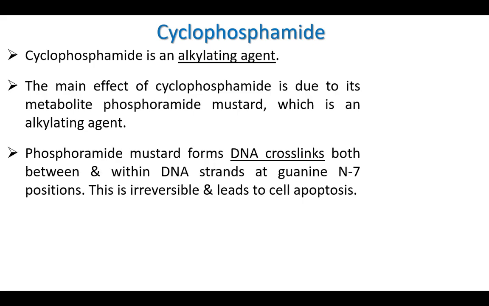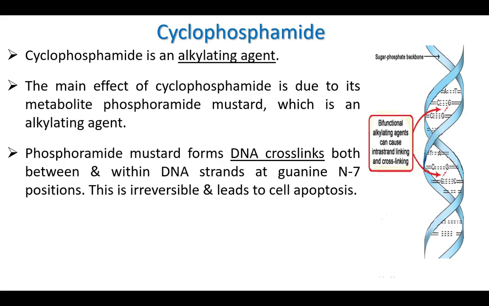So it adds alkyl groups, and with those alkyl groups it cross-links the DNA. Now these cross-links usually happen between guanines at the N7 position. It can happen on the same strand, or across the two strands. So it can cross-link the two strands together, or it can make links between guanines on the same strand.